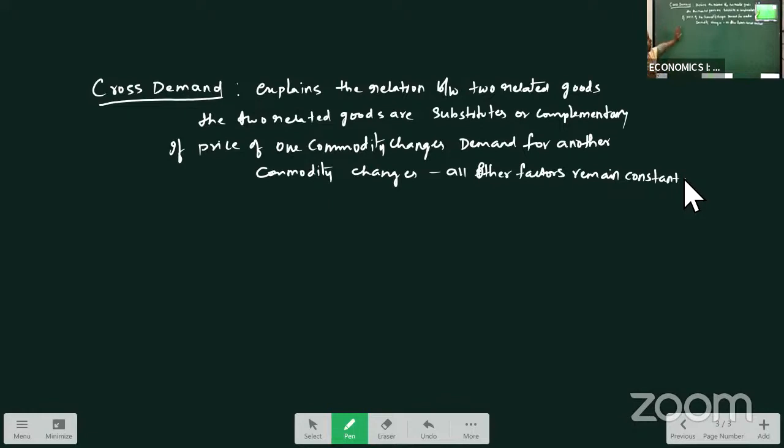Okay, so what are the two related goods we are having? Substitutes and complementaries. So first, what are substitute goods?